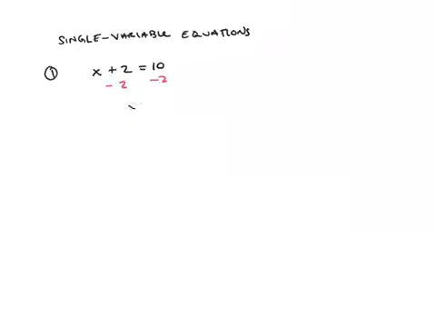So a little reminder of how working with single variable equations looks. So first of all, we have our sort of normal type situation. For example, x plus 2 equals 10. You can subtract 2 from both sides, and you can see that x equals 8, and that's our solution.